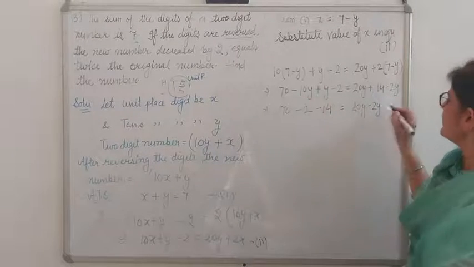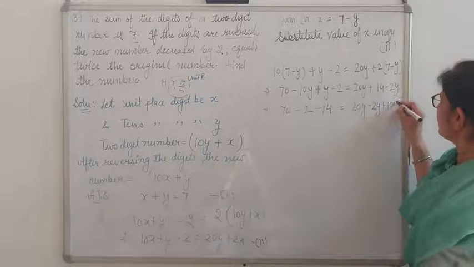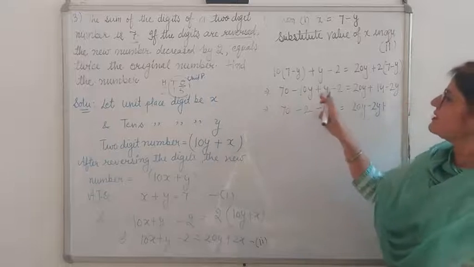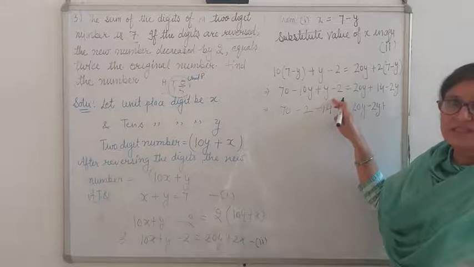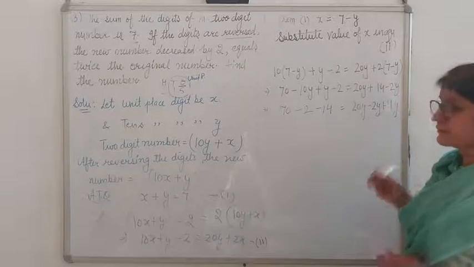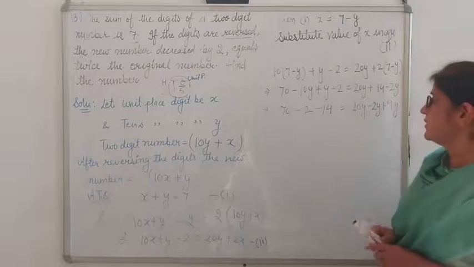From here plus 10y minus y, or straight away you can write here minus 10 plus y, minus 9y comes here as plus 9y. That is your wish how you will solve.